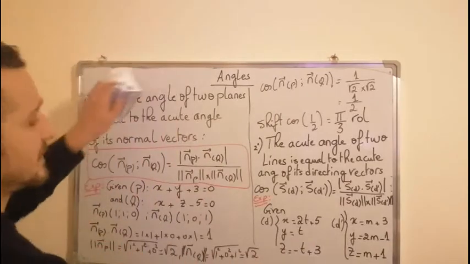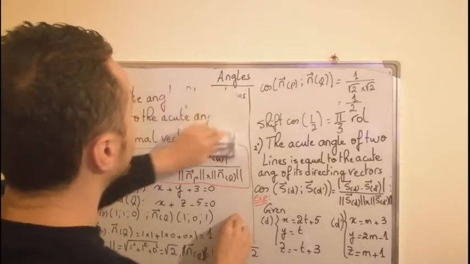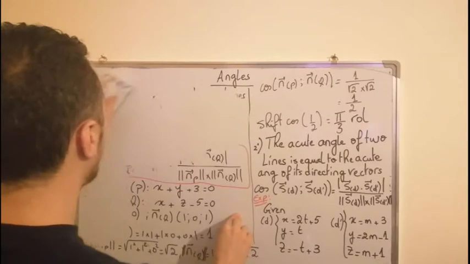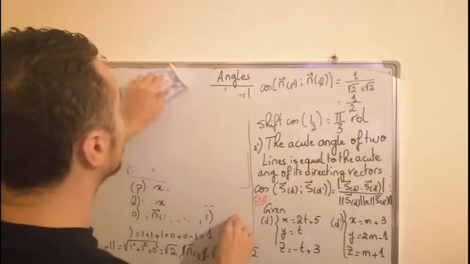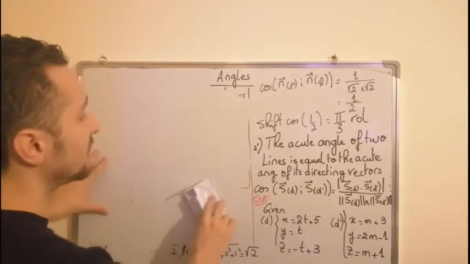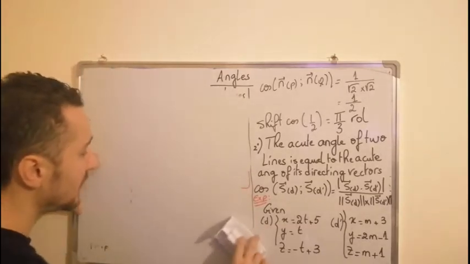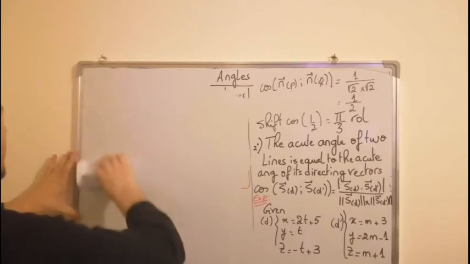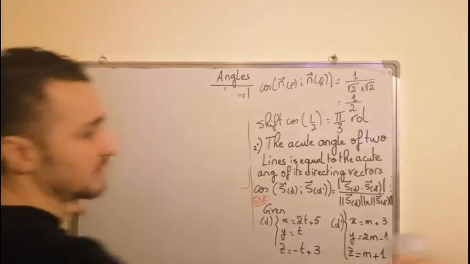First step is to find the directing vector of each line. Then we calculate the scalar product between these two vectors, and we divide it by the magnitude of the first times the magnitude of the second.